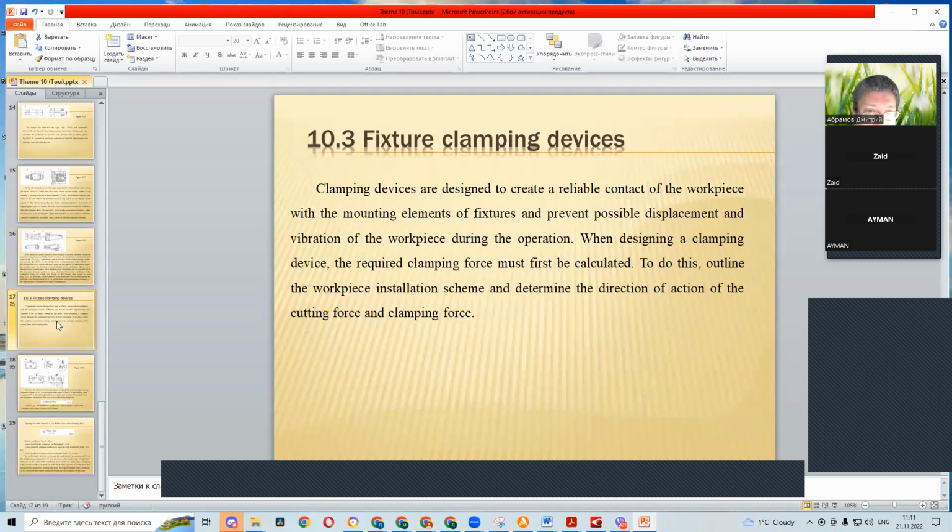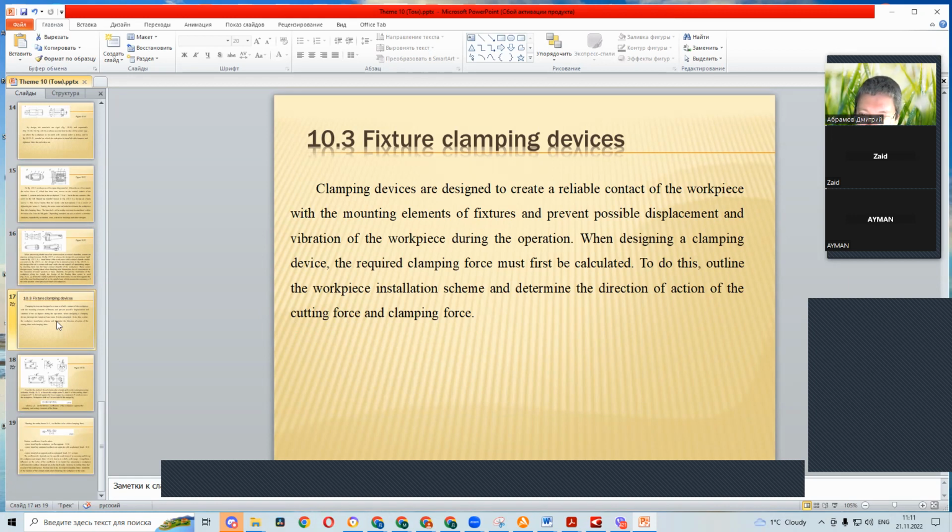And now 10.3, fixture clamping devices. Clamping devices are designed to create a reliable contact of the workpiece with the mounting elements of fixtures and prevent possible displacement and vibration of the workpiece during the operation.